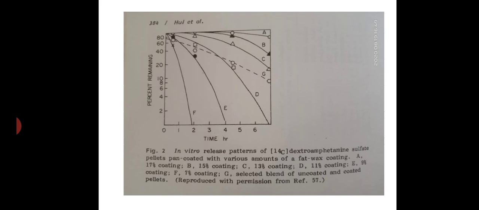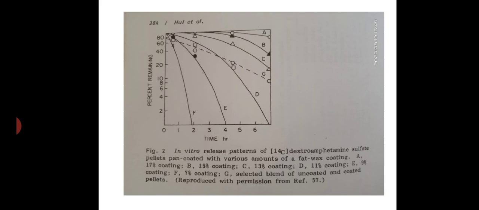But if you consider F, within 2 hours the percentage remaining came down to 0. A was coated with 17% coating, F was coated with 7%. So A is the highly coated one, F is the least coated one.